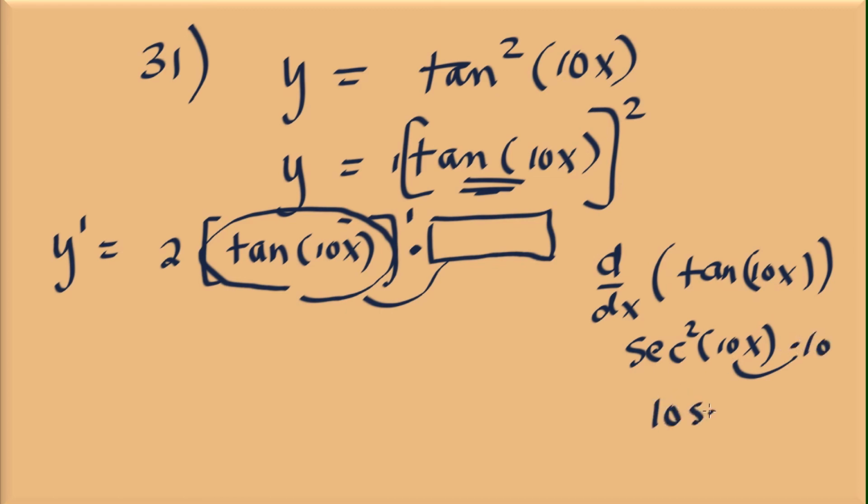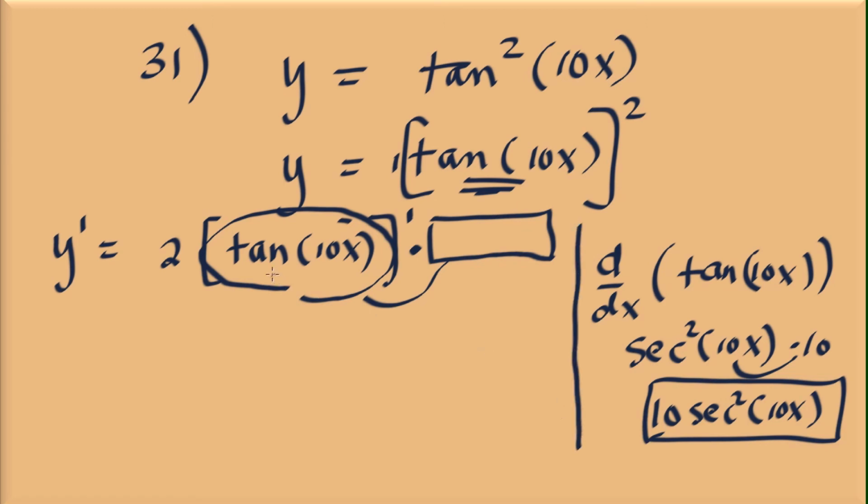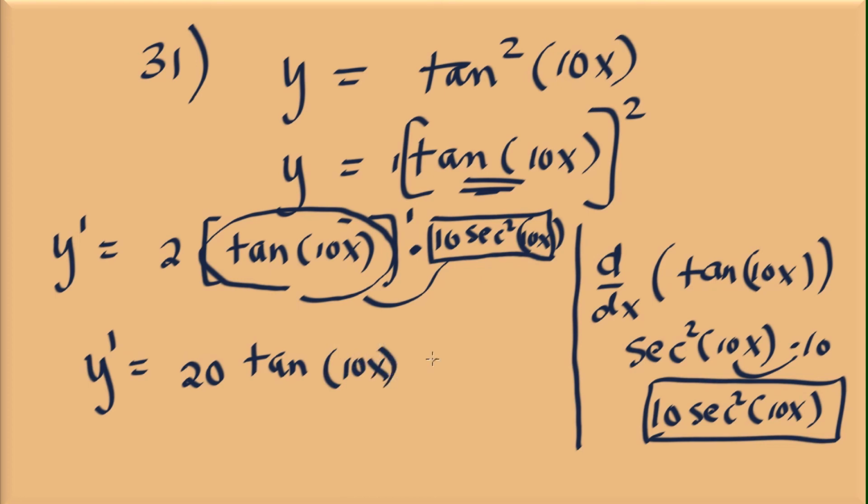So this is 10 secant squared 10x. Okay, so that is the derivative of this tangent 10x. So times 10 secant squared 10x. Okay, so now our final derivative is 2 times 10, which is 20, tangent of 10x, then secant squared of 10x.